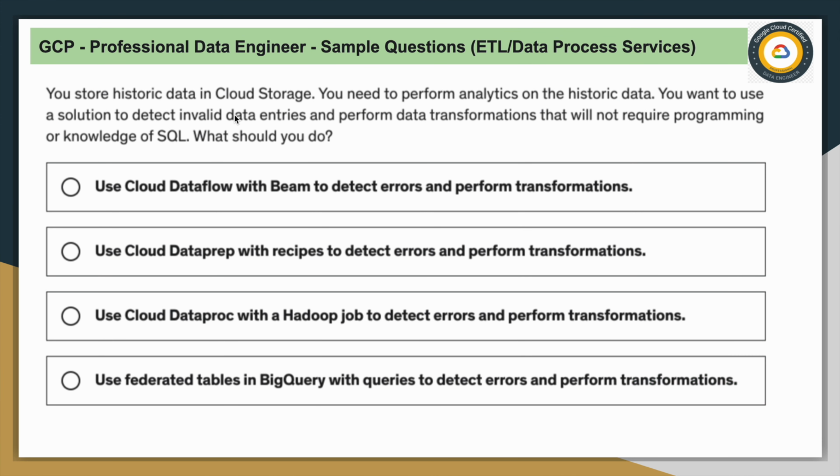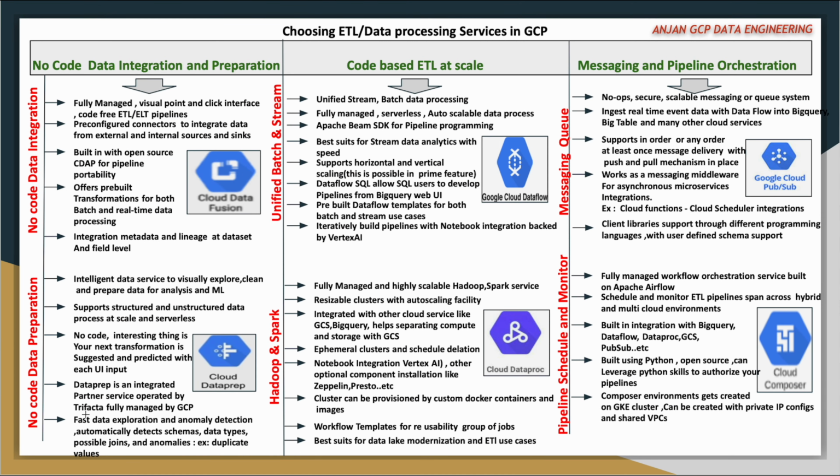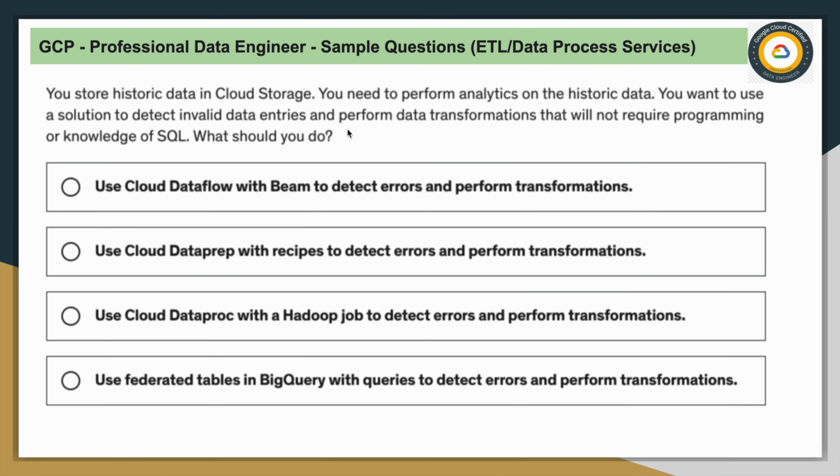Also read this question one more time. They wanted to use a solution to detect invalid data entries and perform data transformation. We have already discussed that Cloud Dataprep has a feature where it will automatically detect data anomalies. So for this use case definitely you will use Dataprep.